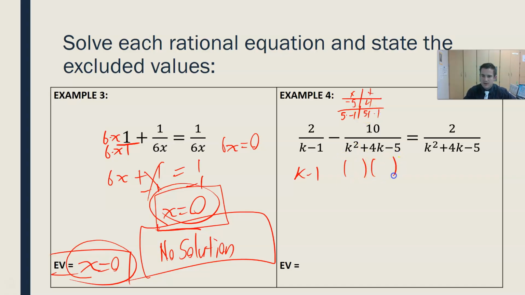So when I break up my factors, I'm going to have k plus 5 and k minus 1. And since this one is the same here, I'm also going to have k plus 5 and k minus 1 here.